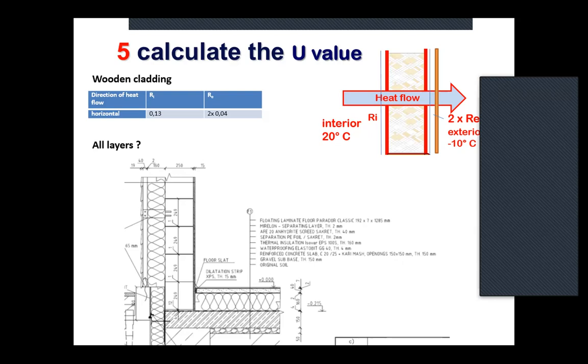It's not necessary to have the bitumen, but there should not be concrete, gravel, or soil. And if it has some effect, then you're on the safe side, because in reality it will help you, but you should not calculate something which is in fact worse when it would be wet.